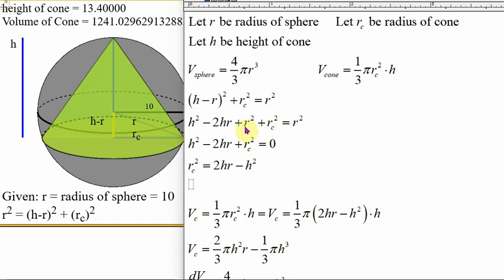And then subtract r squared from both sides, then we get h squared minus 2hr plus r sub c squared equal to 0. And then move these two terms to the right, and we get r sub c squared is equal to 2hr minus h squared.